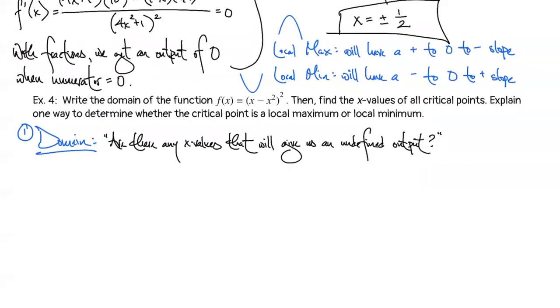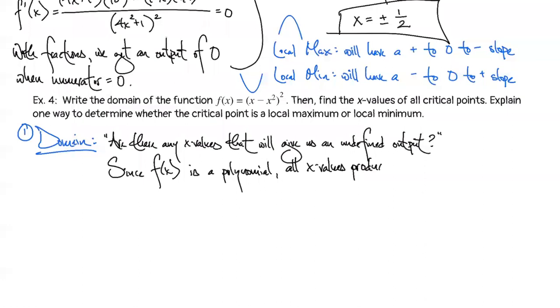And so a point of interest might be for us to say that since f of x is a polynomial, all x values produce y values, right?